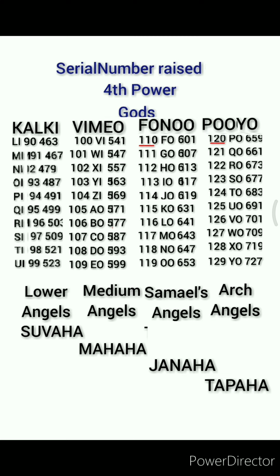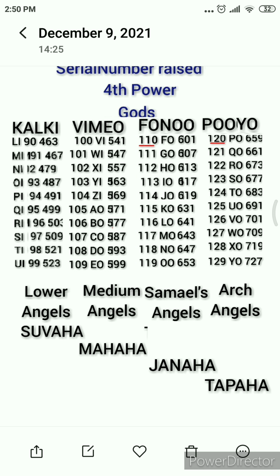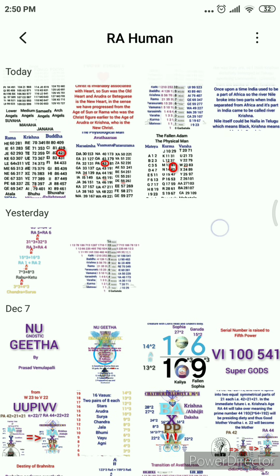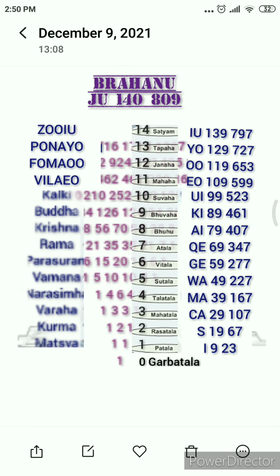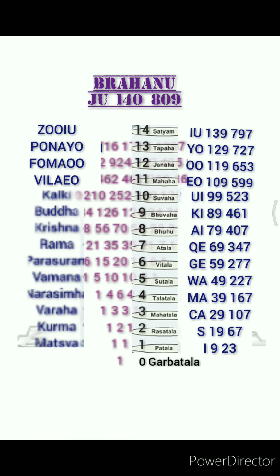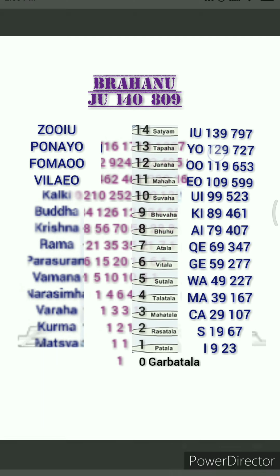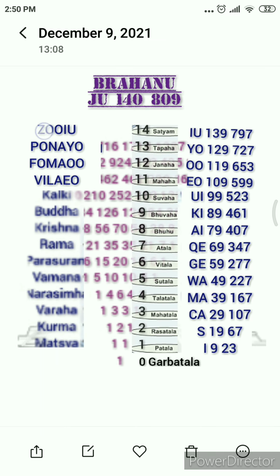Puyo is Tapaha. So after this, 130 to 139 will be, of course, the same letters. Here I have given 130 to 139 will be Brahma Loka. This is 139. This is the Brahma Loka.